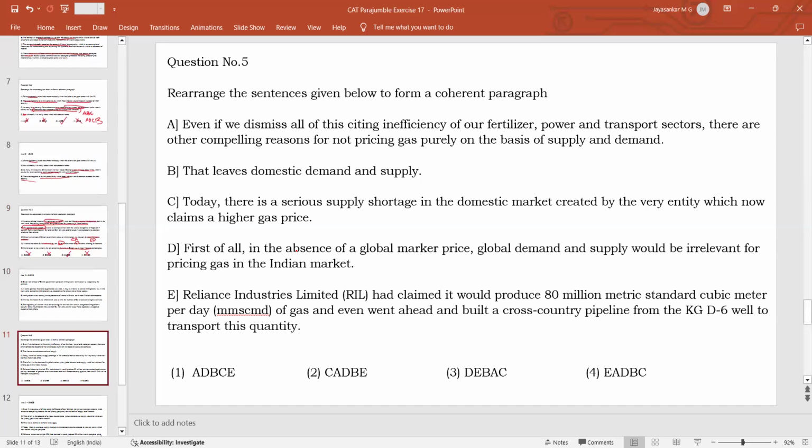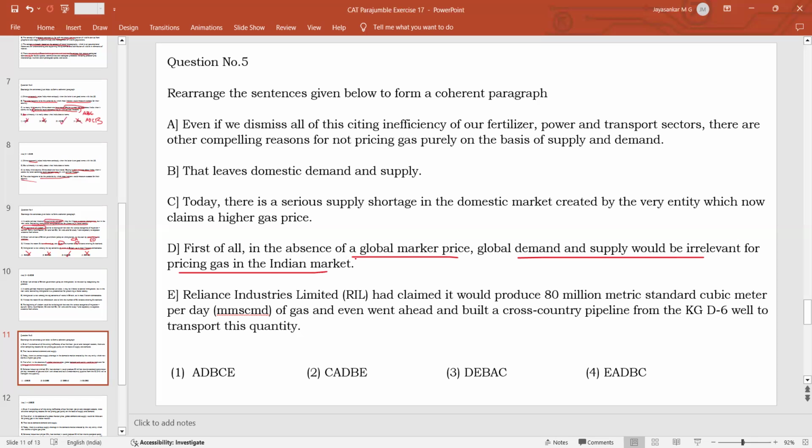So what can we do regarding the sentences? See, this sentence says, in the absence of a global marker price, global demand and supply would be irrelevant for pricing gas in the Indian market. So we cannot follow the global marker price, meaning an index price, for fixing prices in the Indian markets because there is no such index price at the international level.